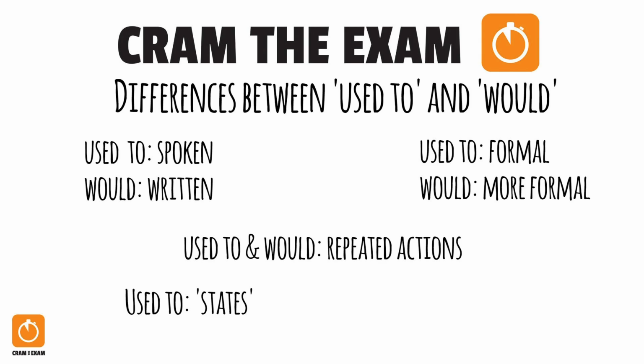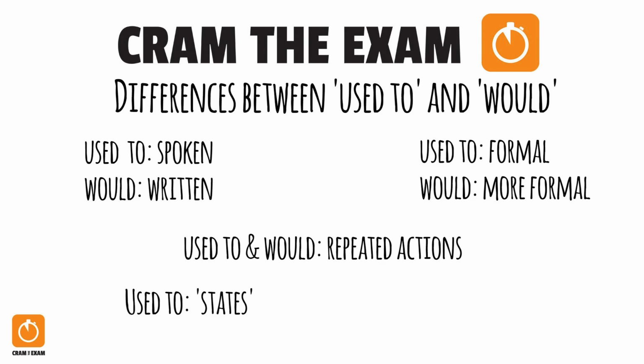So maybe how your hair looked, or maybe what a building was used for. So the function of what something did or what something looked like at a particular point in the past. This is what we know as a state, and we can only use used to describe that state.